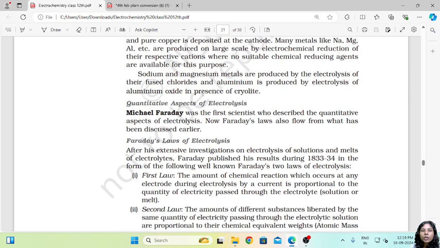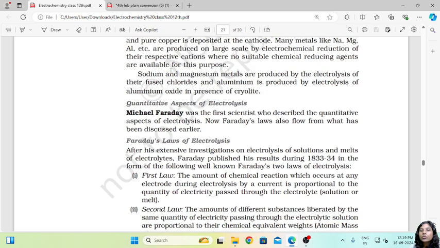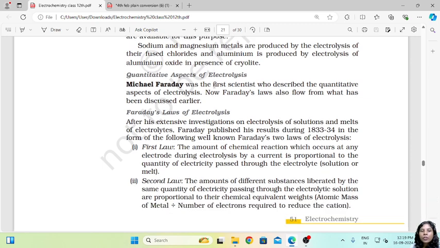Sodium and magnesium metals are produced by electrolysis of their fused chlorides, and aluminum is produced by electrolysis of aluminum oxide in the presence of cryolite. So sodium and magnesium are both produced by electrolysis of their fused chlorides, like NaCl, and aluminum is produced by electrolysis of the aluminum oxide itself, with cryolite added.